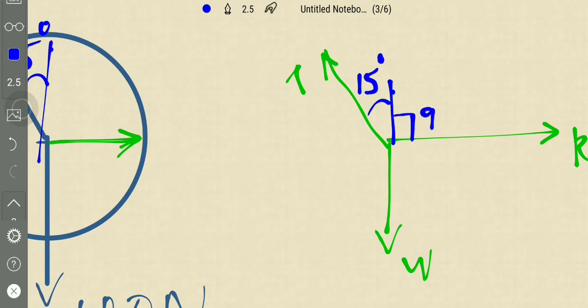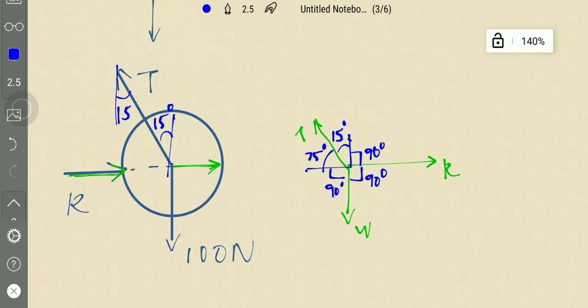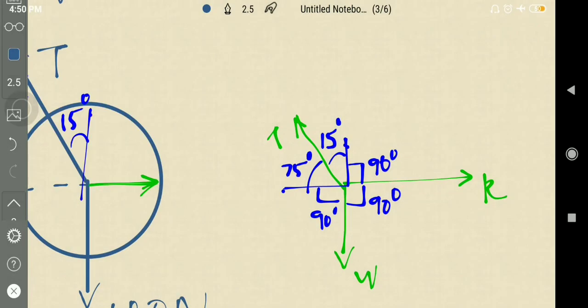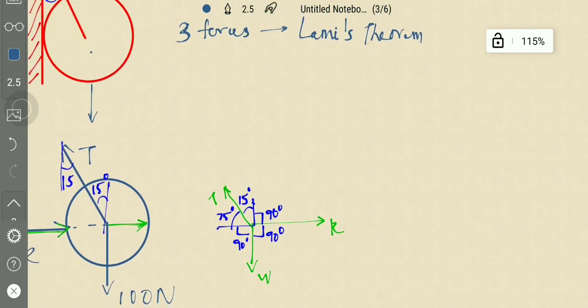And this is 90 degrees, this is 90 degrees, this is 90, and this becomes total 90 minus 15, which is 75 degrees. If we solve this, what does Lami's theorem state?